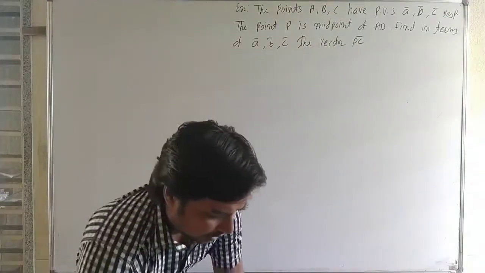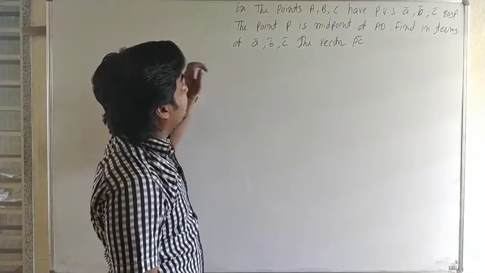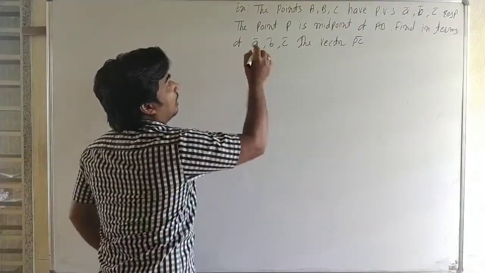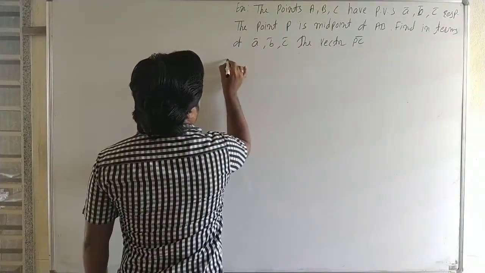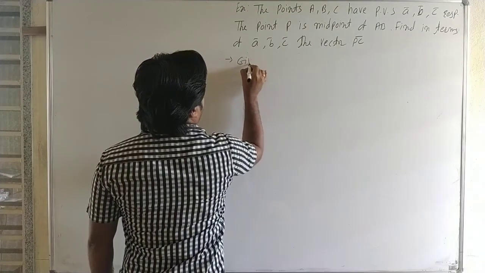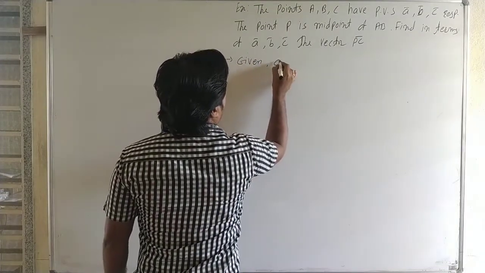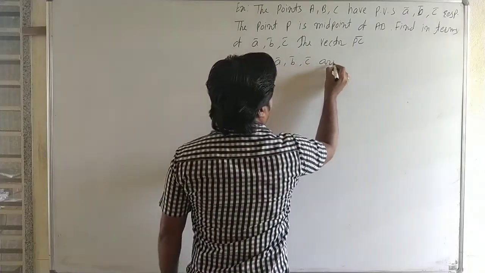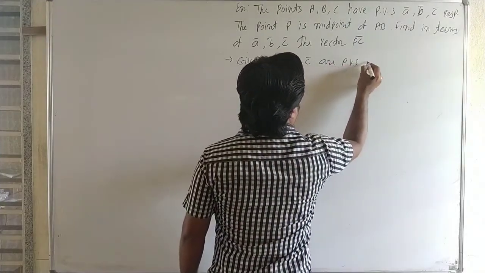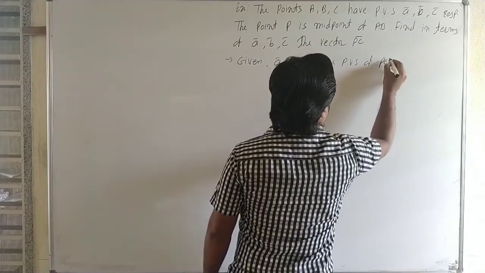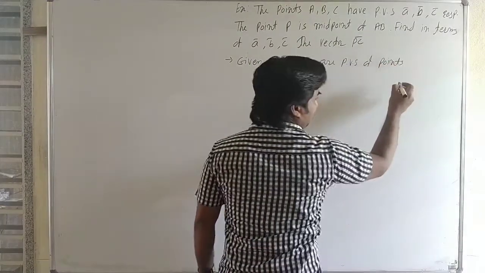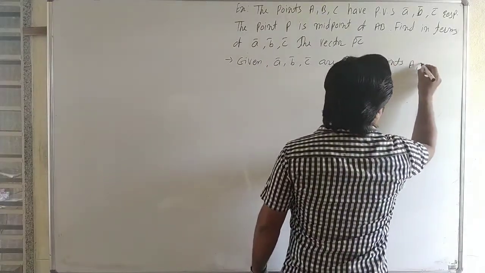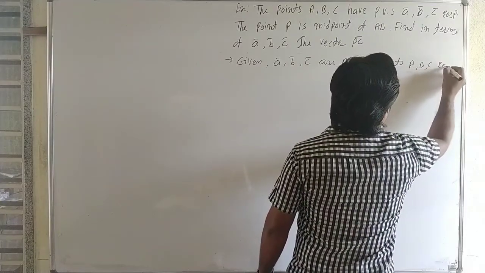Now here it is given A bar, B bar and C bar are the position vectors of points A, B and C respectively.